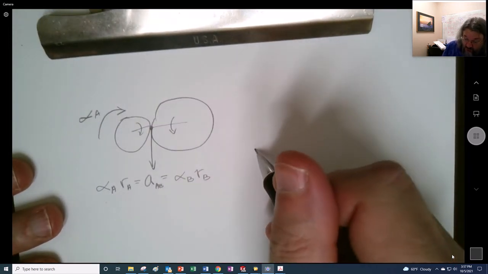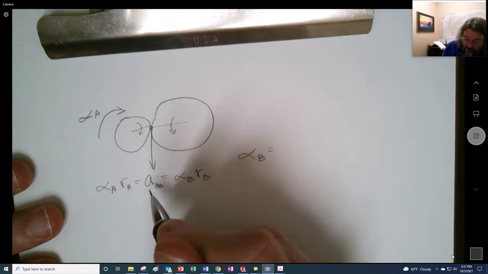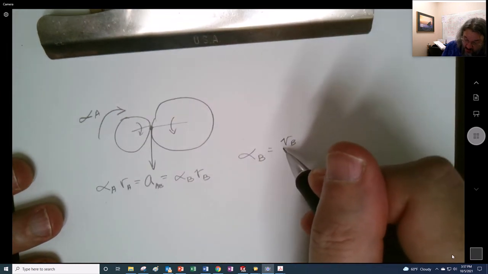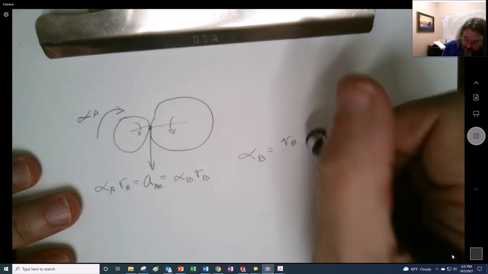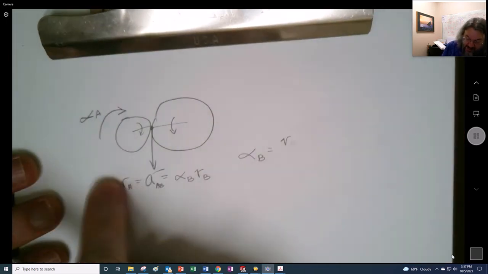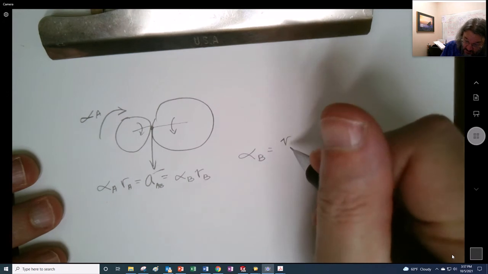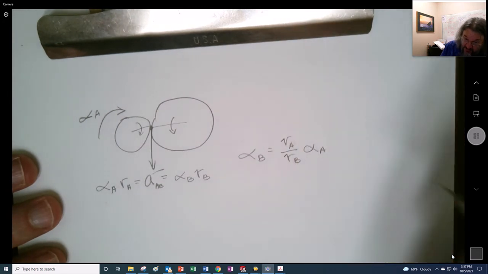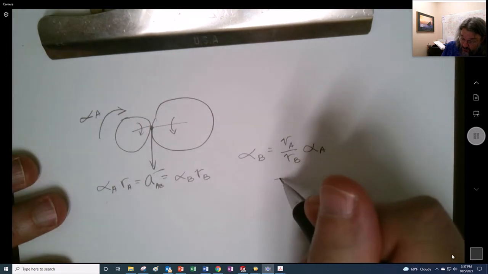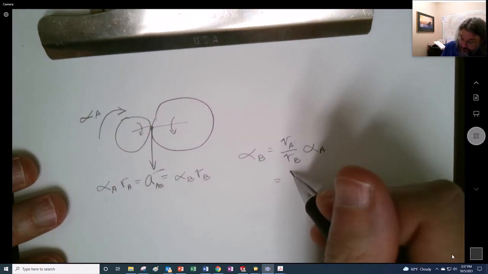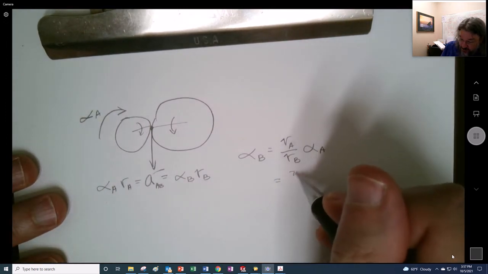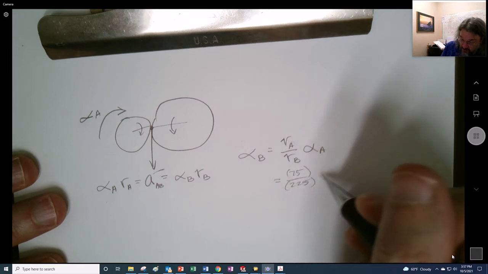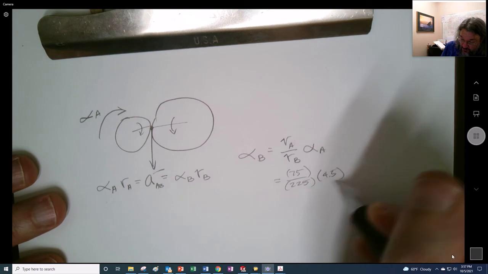So we could find the acceleration of B by taking RA, sorry, and dividing it by RB. So RA over RB times the acceleration of A, which would have been 75 over 225, and this was 4.5.